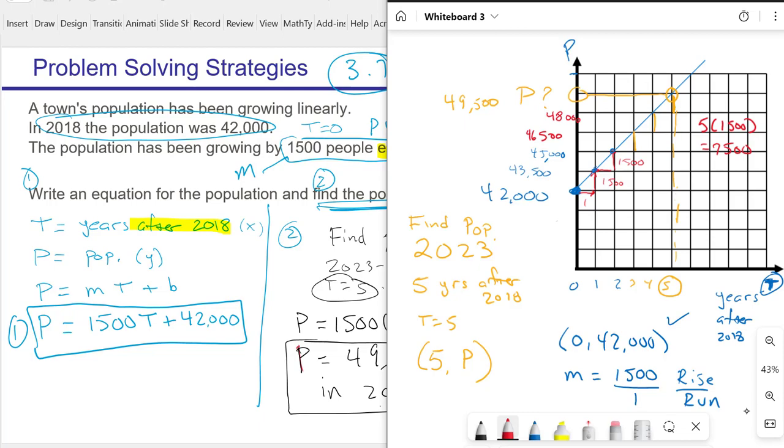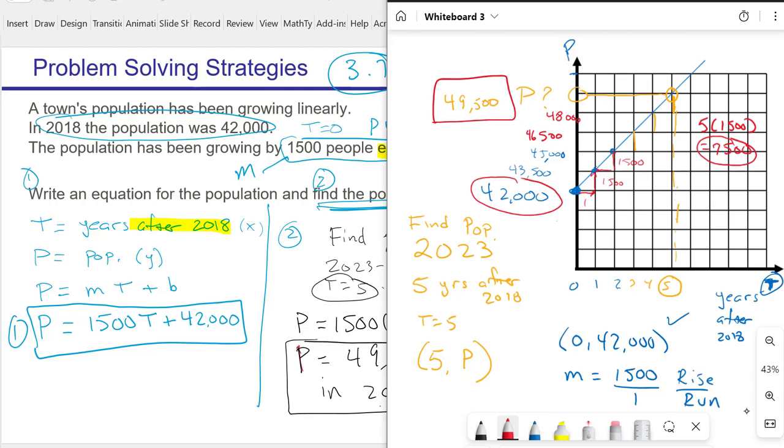So I mentioned that 5 times 1,500, so we're rising 1,500 each time, and we went up 5 years, so it's like 5 times. So that means 7,500 people were added to our starting year. So if we take that 7,500 and add it to the 42,000 people that we started with, we add it once, twice, 3, 4 times, we get all the way up here to 5 times increase, and that gives us a picture version of our solution.